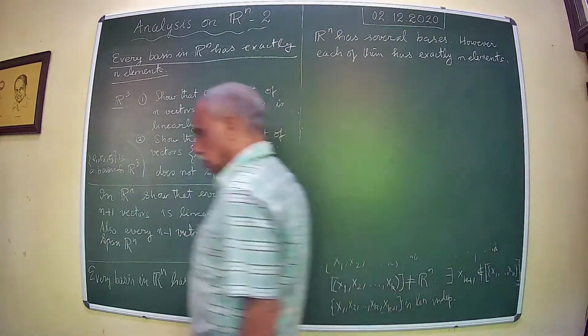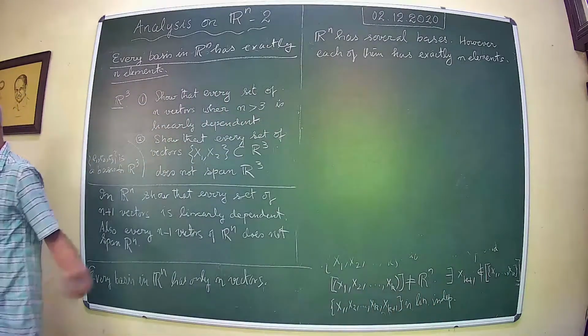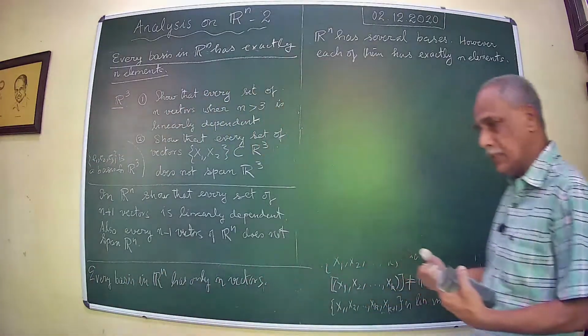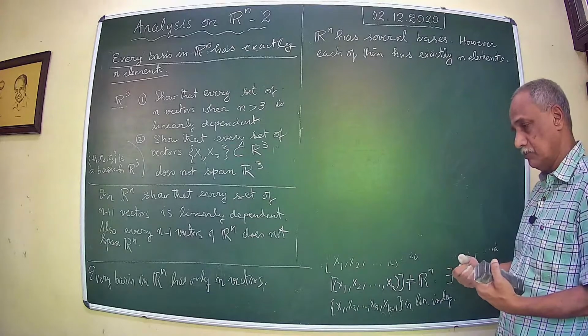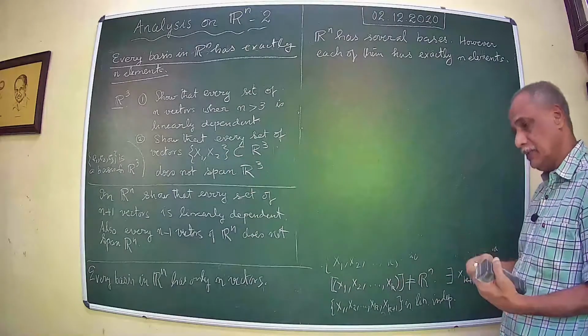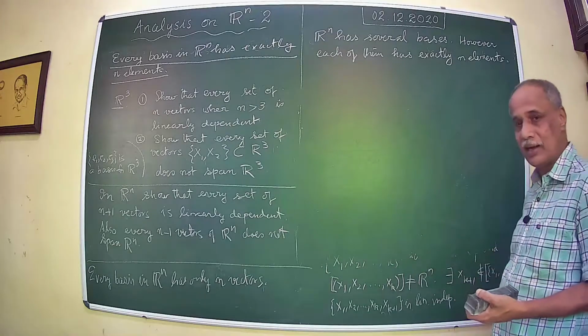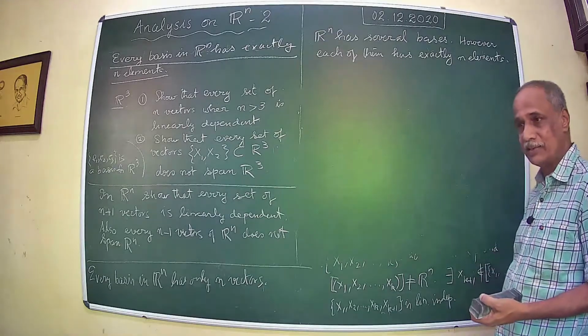So some of the small things that we did in this process is this. Suppose you start with a linearly independent set in Rn. You can adjoin more vectors to it and make it a basis for Rn. Okay?